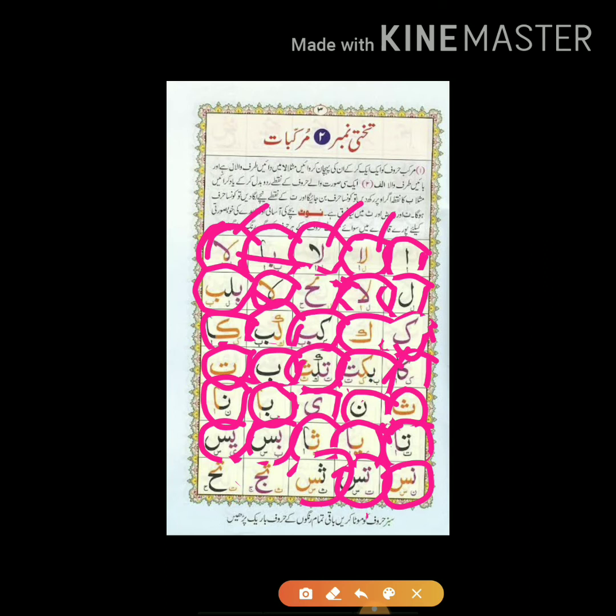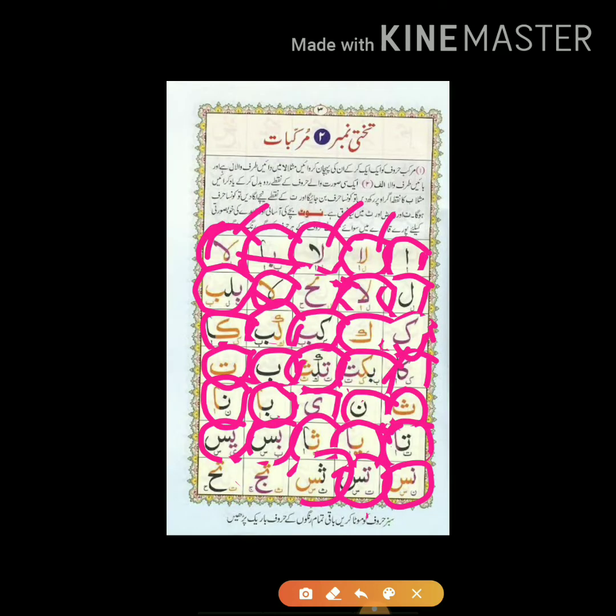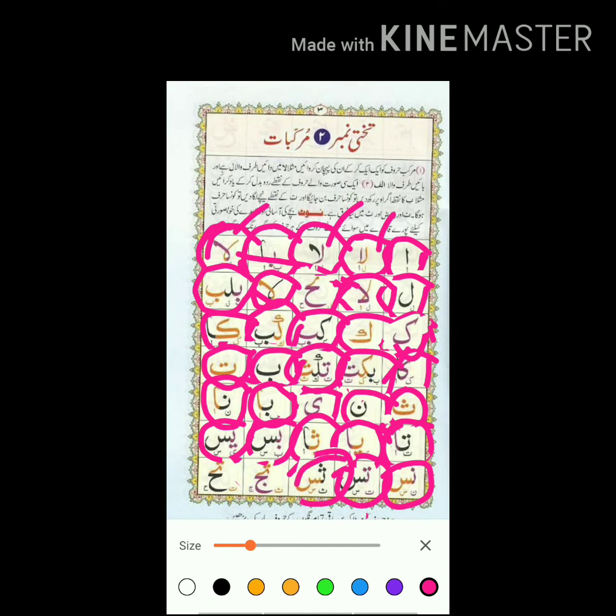This is why we are pronouncing it sa. There is a difference between the shape of sa and the shape of sheen. So the shape here is sa, and the second letter is sin.